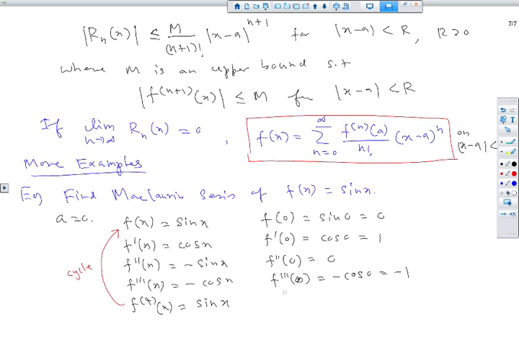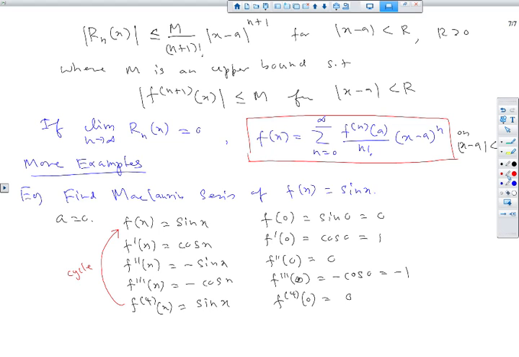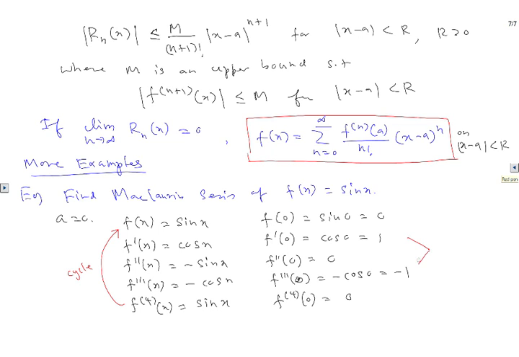So what's going to happen here? The fourth derivative evaluated at 0 is 0. That means you're going to see only odd numbers. Only for odd n are we going to see non-zero values, but for all even powers we're going to see 0. For odd powers, we see 1 and 3.